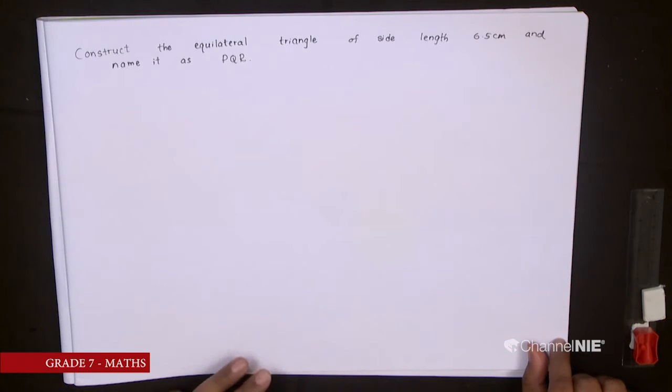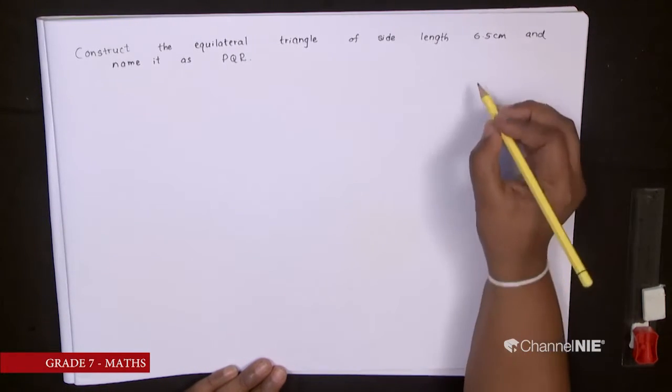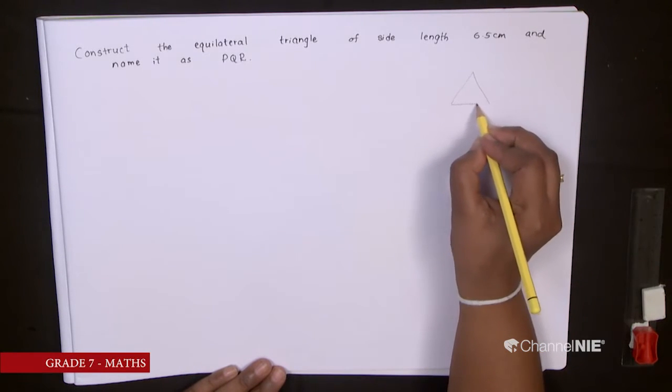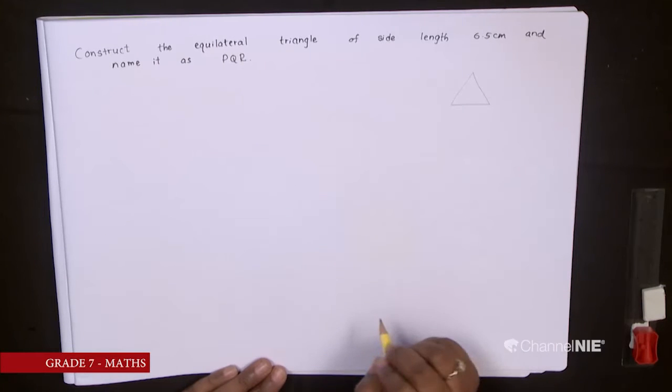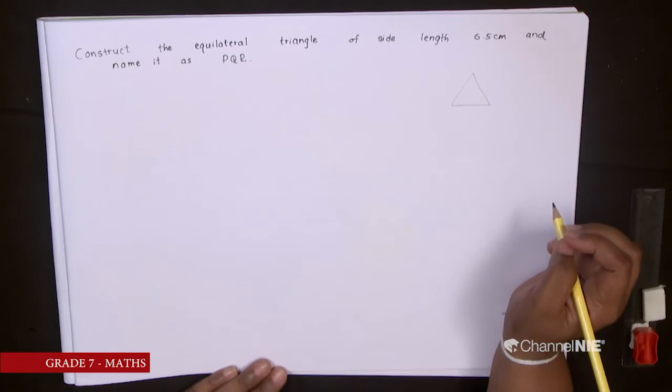Right. First of all, I am going to draw the rough sketch of the construction. So, we need to construct an equilateral triangle. So, we will draw an equilateral triangle. It should not be perfect. You can draw it using the free hand. Right.